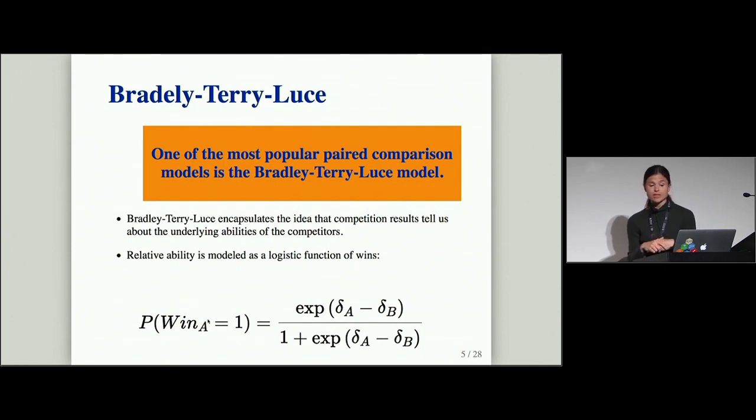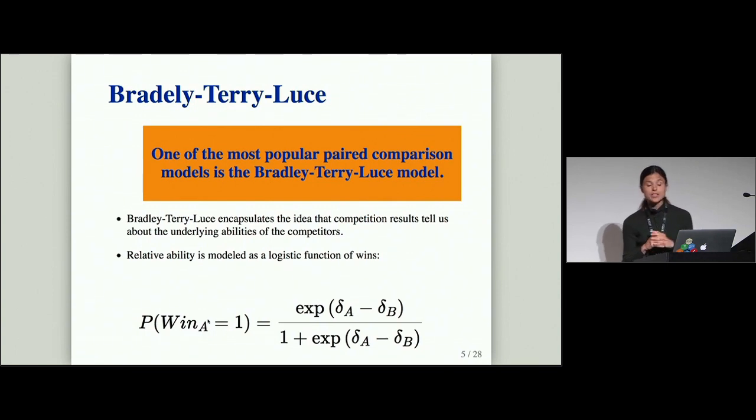So to actually get numbers and find out about those relative differences in ability, one way we can do that is with a particular kind of paired comparison model called the Bradley-Terry-Luce, or sometimes you'll just hear it referred to as a Bradley-Terry model.